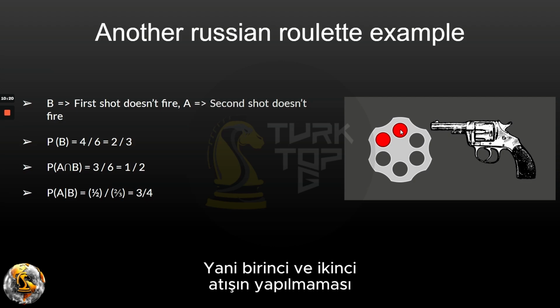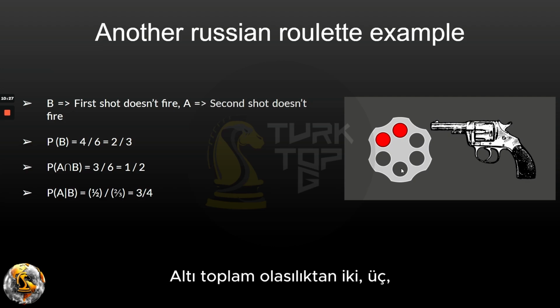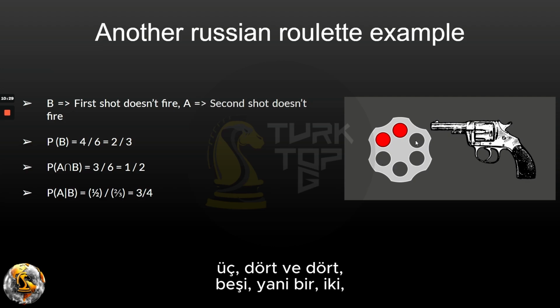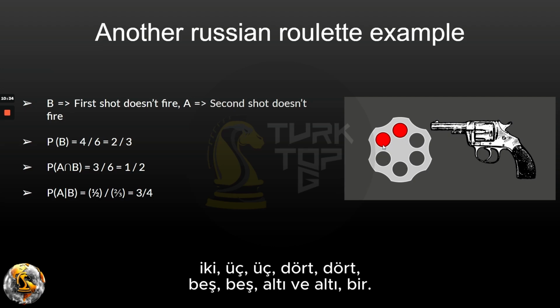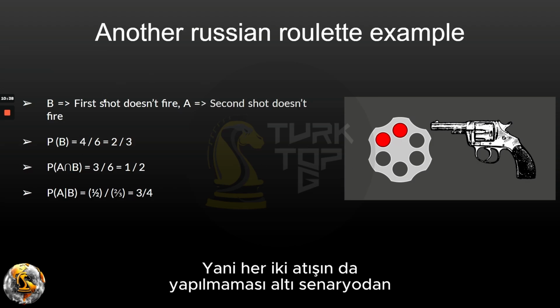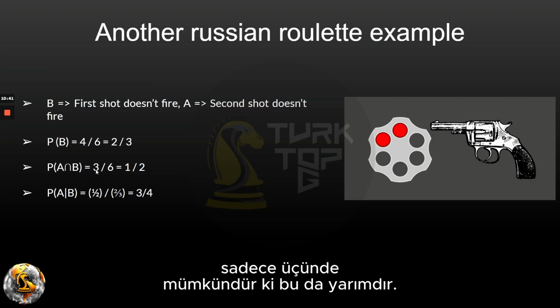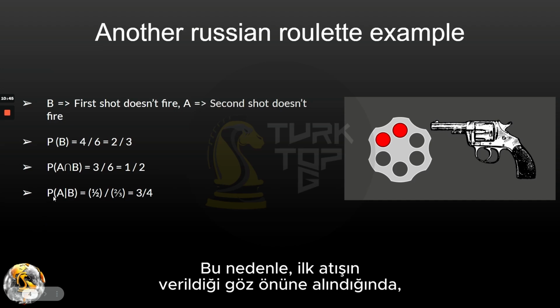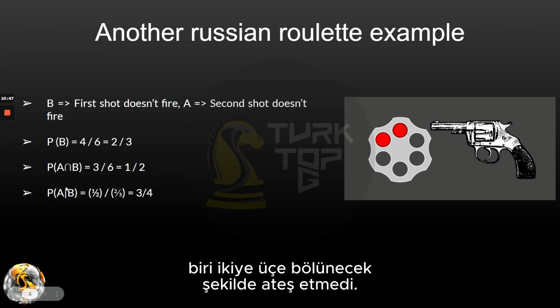The first and second shot not firing would only happen in these cases: 2-3, 3-4, and 4-5, out of 6 total possibilities, which are 1-2, 2-3, 3-4, 4-5, 5-6, and 6-1. So both shots not firing is only possible in 3 out of 6 scenarios, which is half. So we calculate the probability that the second shot doesn't fire, given that the first one did not fire, to be half divided by 2 over 3, that's 3 over 4.